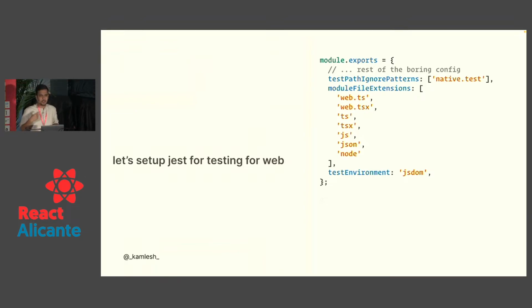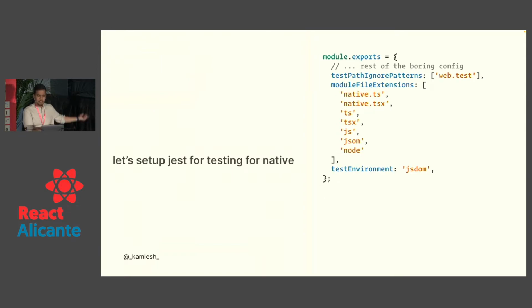So when Jest runs the test and comes across an import of text from text, for web it will ignore all the native parts, and it knows it has to look into .web extensions. Similarly, we'll do it for native. It's an inversion of what we did for web. Here we are ignoring .web, but including .native. So now we have two Jest configs.